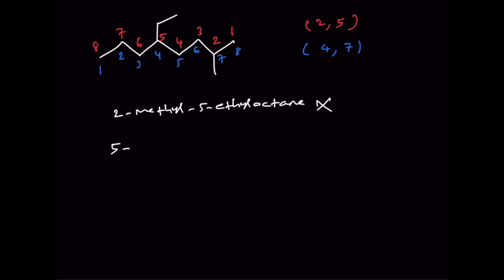Therefore, we have to name this molecule as 5-ethyl-2-methyloctane. That's the correct way of naming this molecule. At 5 position we have the ethyl, and at 2 position we have the methyl. It's the alphabetical order that takes precedence over the numerical order.